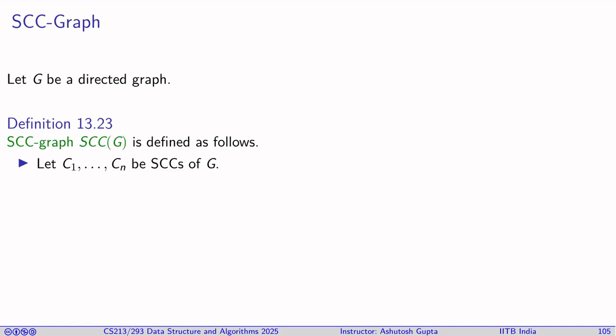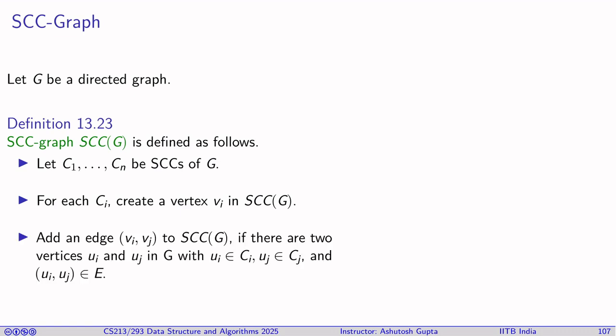Now let us define the SCC graph of a given graph G. So SCC of G is defined as follows. Let's suppose C1 to Cn be the SCCs of G. For every SCC Ci, we define a vertex Vi in the SCC of G. And now the question is, how do we connect these nodes in SCC of G?